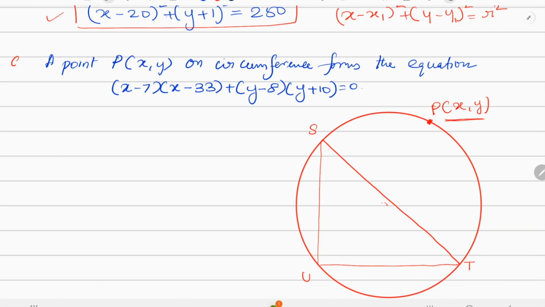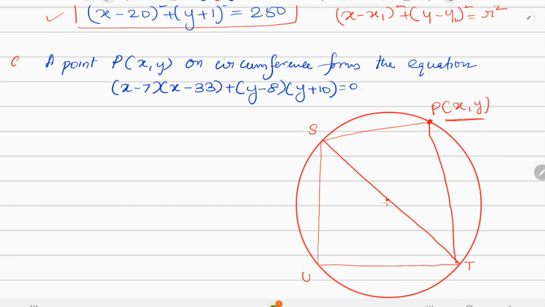How to derive the circle equation with respect to P? As I already told you, if any side is passing through the center and it is a diameter, a third point on the circumference will always form a right angle triangle.